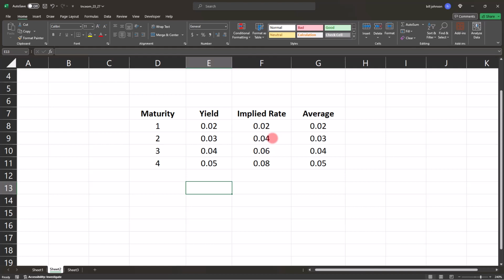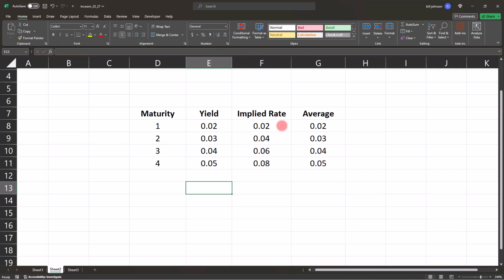And that's what's called the implied rate. So by knowing that the 1-year is priced at 2% and that the 2-year is priced at 3%, we can infer that investors feel that the 1-year rate in 1 year will be 4%. Now you might look at this and say, that seems like an awfully big jump.